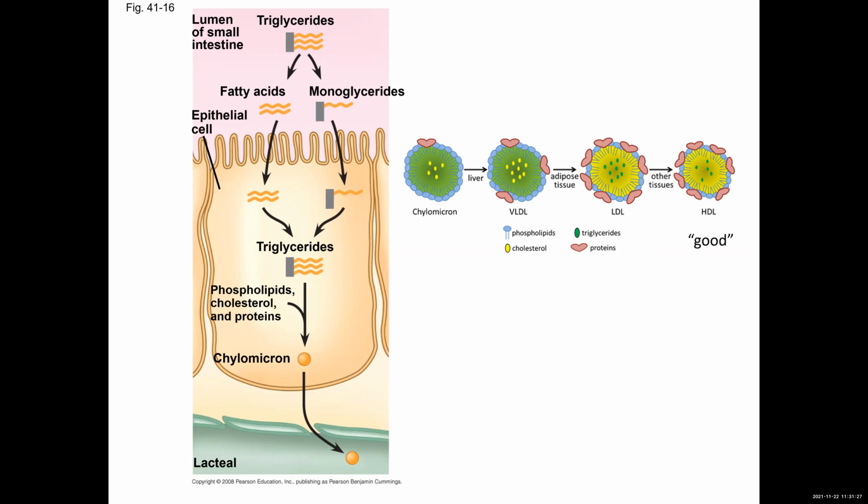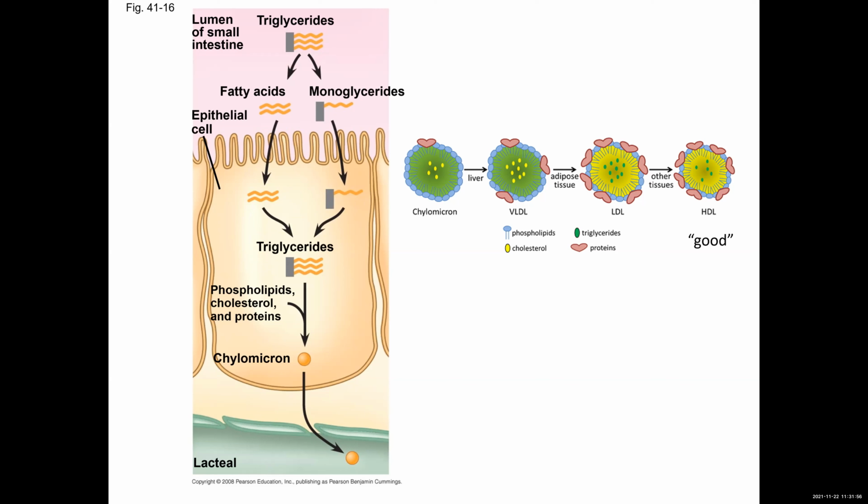These triglycerides are not going to mix with water, so they're not going to be able to circulate in the capillaries. And so what the cell does is it compiles together a bundle of these triglycerides, including other phospholipids, cholesterol, and proteins, into a ball that's called a chylomicron.